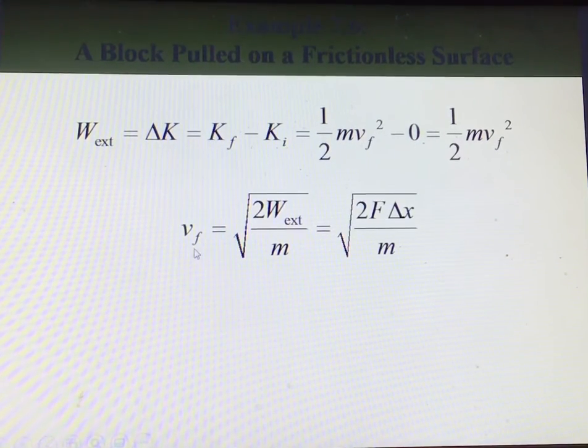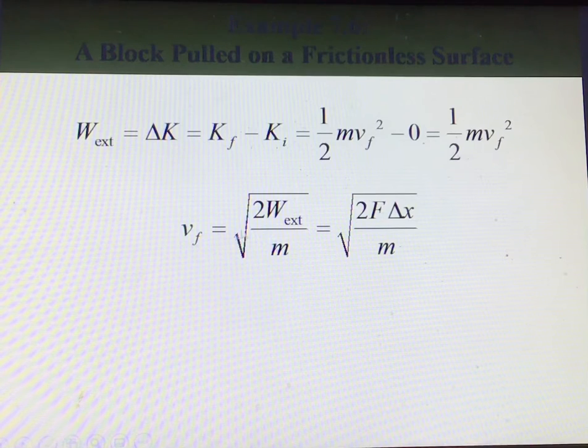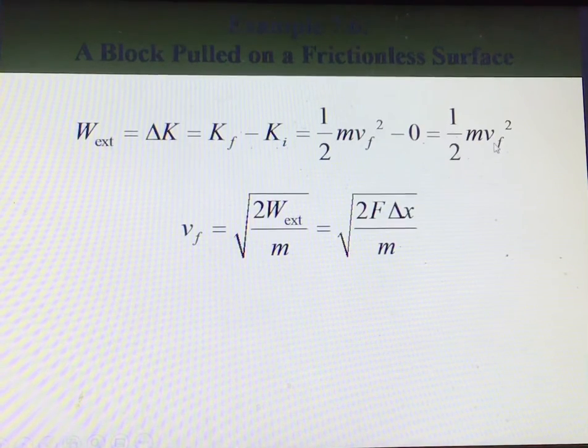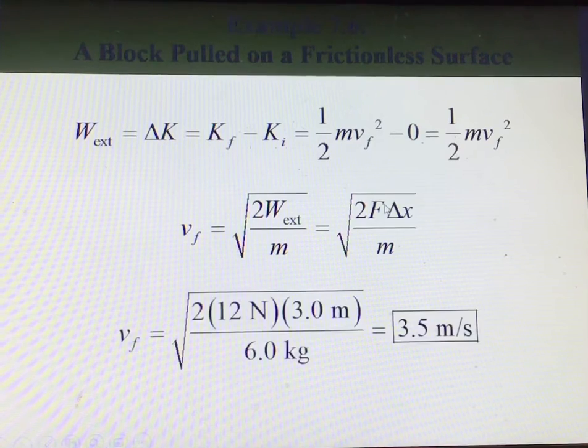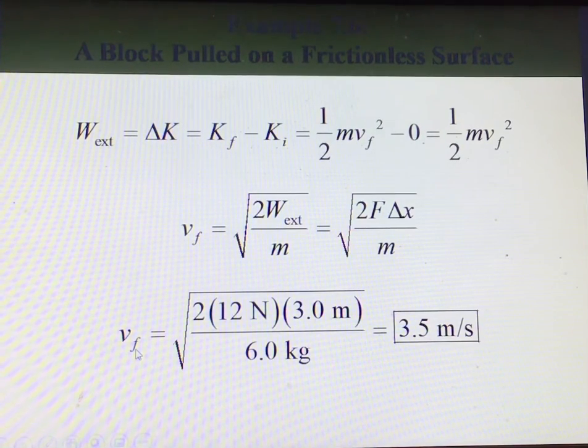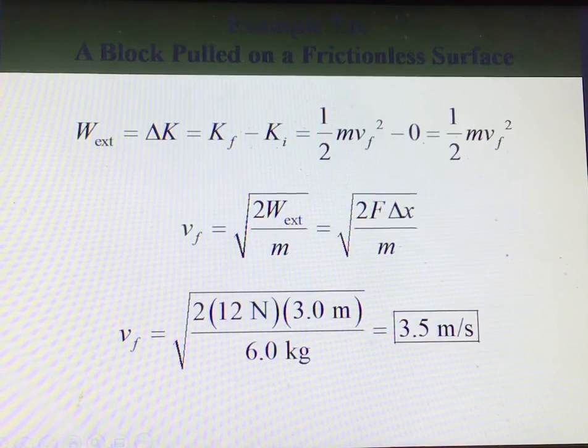Now, if you solve for vf, you get vf as the square root of 2 times the work divided by the mass. But we know that the work is given by the force times the displacement, so F times delta x. If I substitute that into this equation, I get this expression for my final velocity. Now, if you go ahead and plug in the numbers, you can calculate your final velocity as 3.5 meters per second.